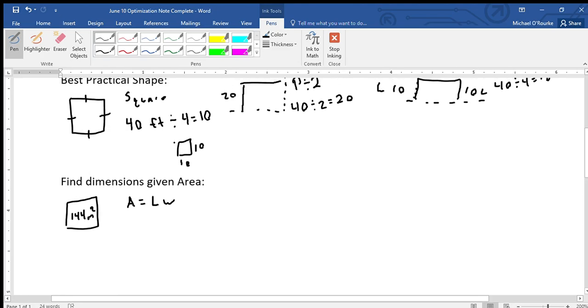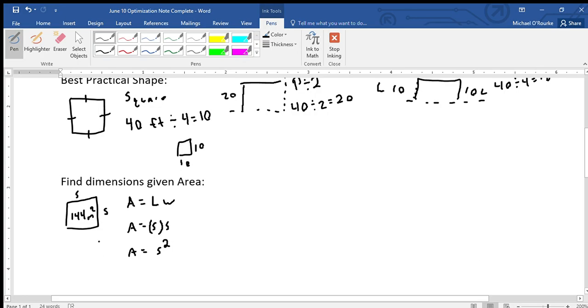As we discovered before, the best shape is a square. So the length and width are going to be the same. So I'm just going to name this S for side. So an area is going to equal side times side, which is going to equal S squared.